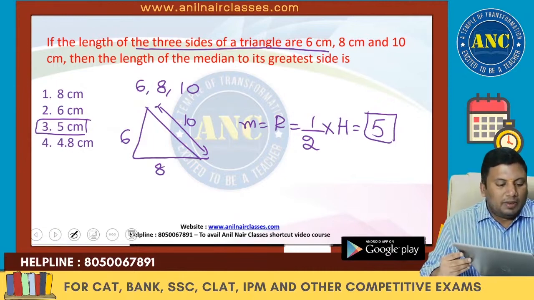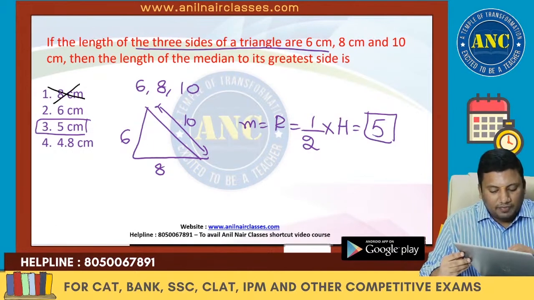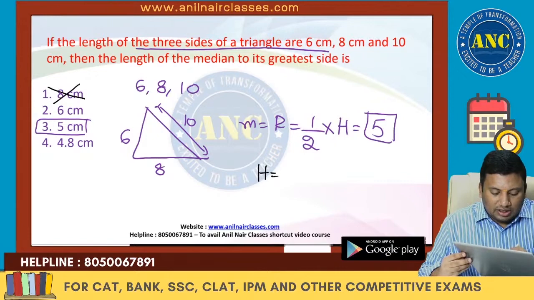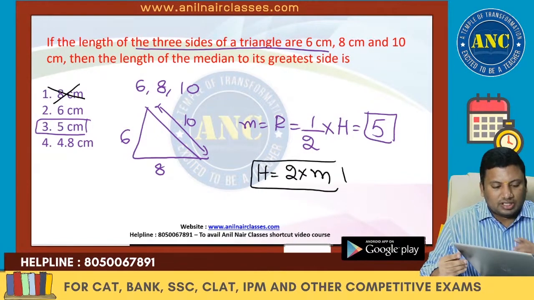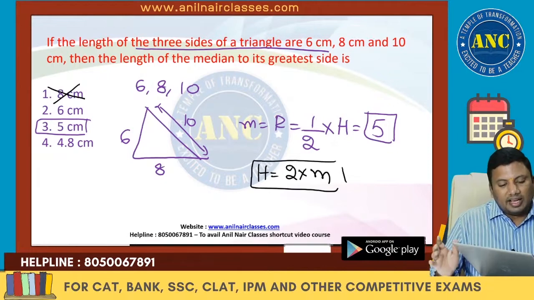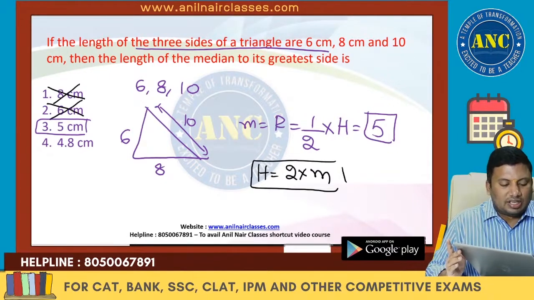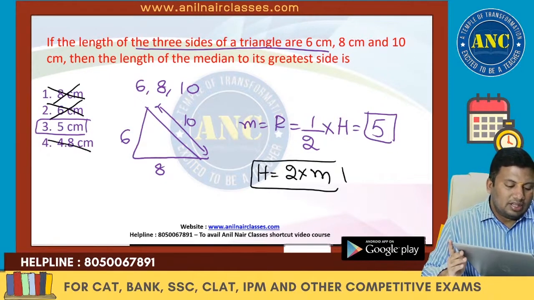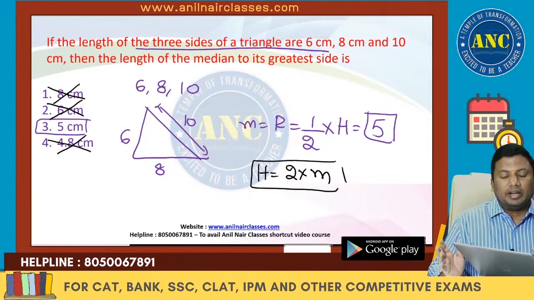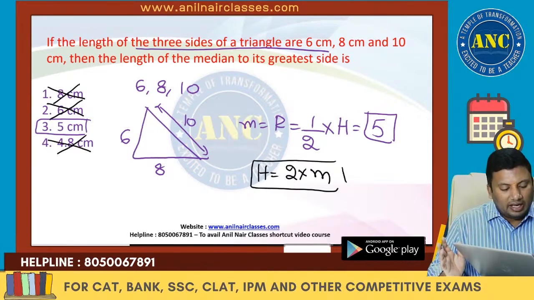The answer is 5. So the median is the circumradius, which is half of the hypotenuse. The other option cannot be the answer, because the hypotenuse is 2 into m, and 8 into 2 is 16, which cannot be, since the hypotenuse is 10. I hope the idea is clear.